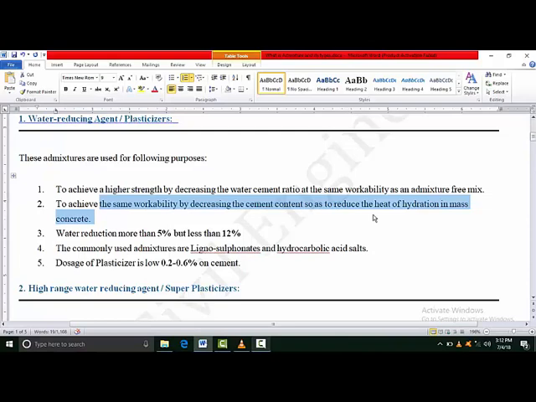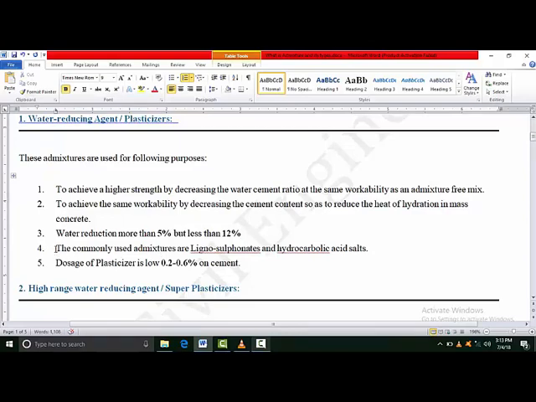By the decrease of cement content, the hydration process becomes slow and the heat of hydration decreases. Otherwise, at the early stages, cracks appear due to the high heat of hydration in the concrete. These cracks are called shrinkage cracks, so this minimizes that effect. So the water reduction should be more than 5% and less than 12%.